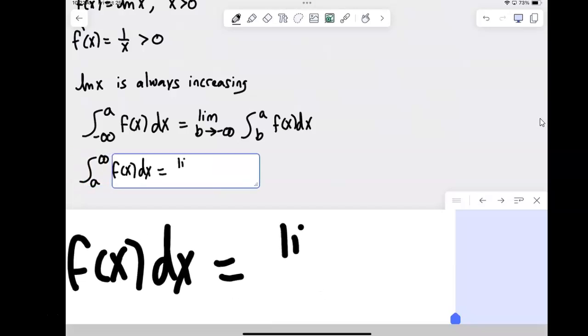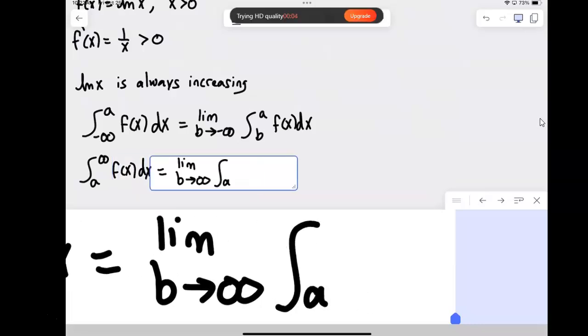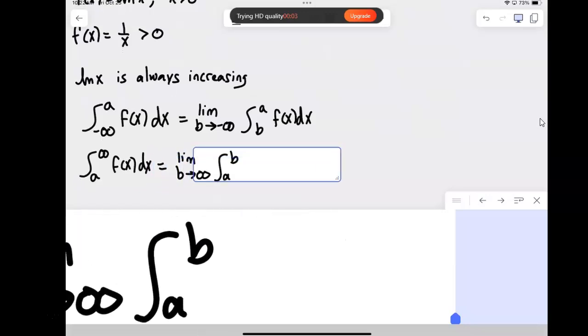We would do it as the limit as b goes to infinity of the integral a to b of f of x.